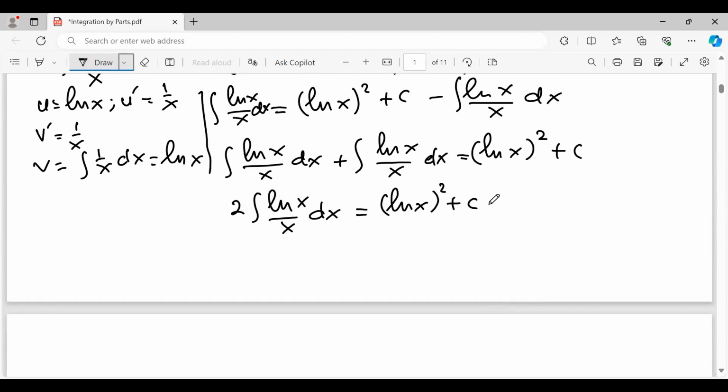So the integral of ln x over x equals ln x squared over 2 plus c.